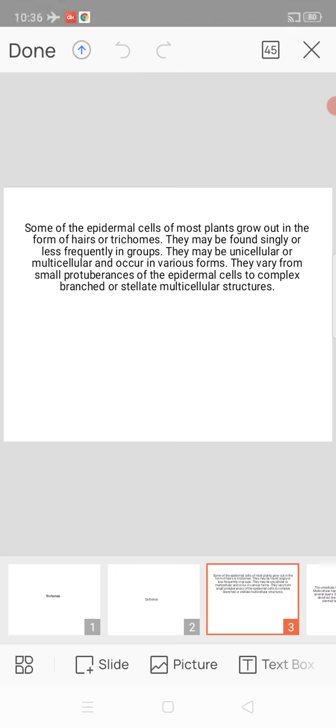They may be found singly or, less frequently, in groups, and they may be unicellular or multicellular and occur in various forms. They vary from small protuberances of the epidermal cell to complex branched or stellate multicellular structures.